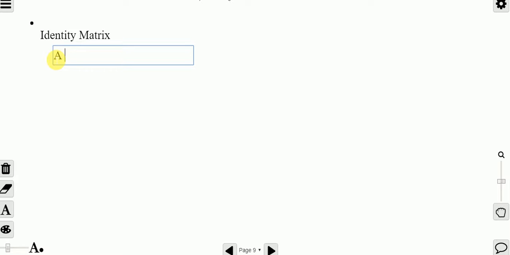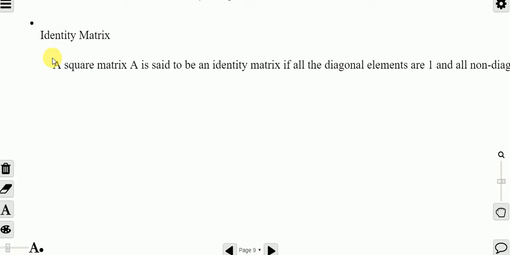A square matrix A is said to be an identity matrix if all the diagonal elements are 1 and all non-diagonal elements are 0. Okay, so this is the definition of an identity matrix.